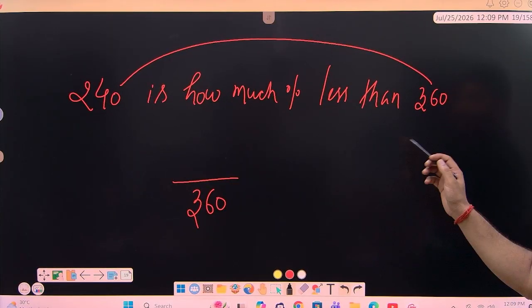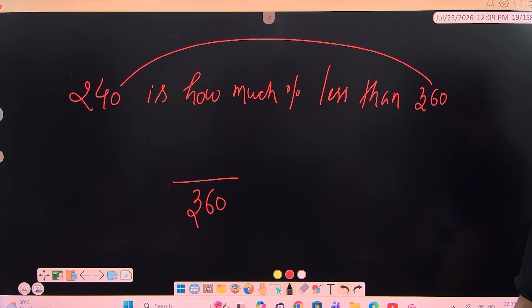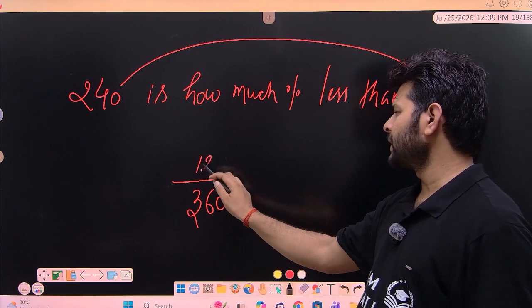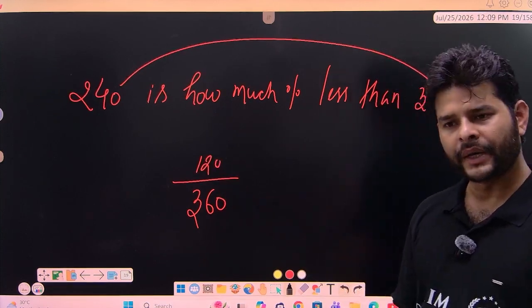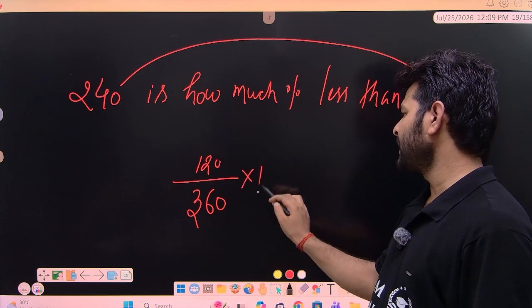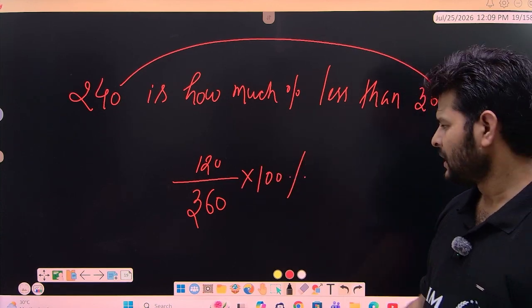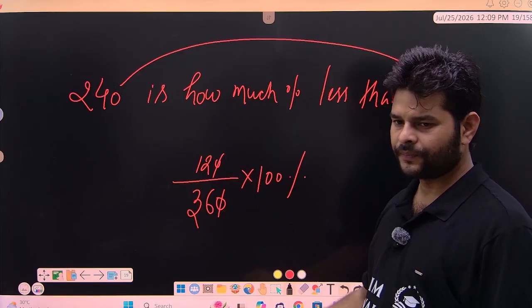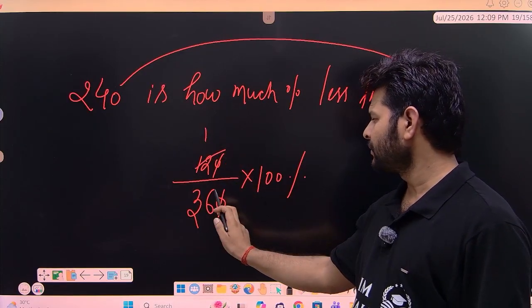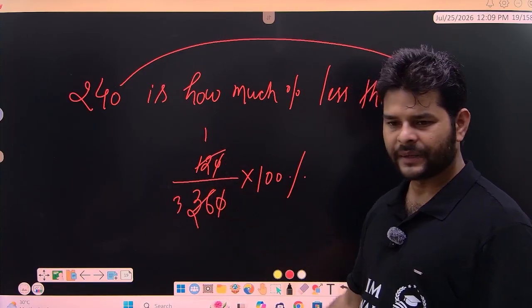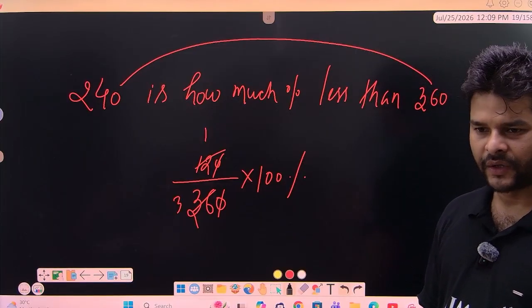So what would be the difference of these two numbers? 120. You need to put 120 in the numerator and just multiply by 100 and get the answer. If you simplify, 0 will cancel out 0, and 12 by 3 is 4. So 1 upon 3, basically 33 whole 1 by 3 percent.